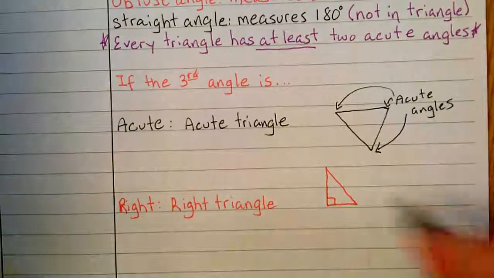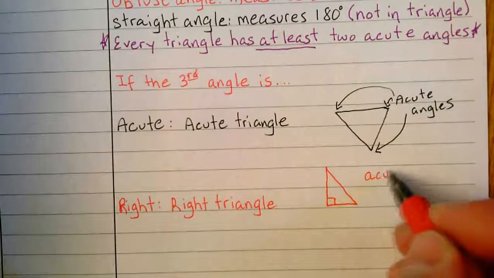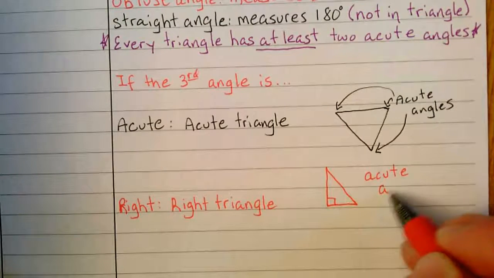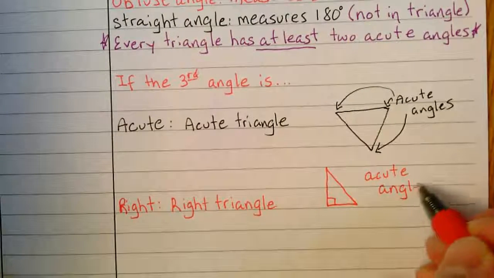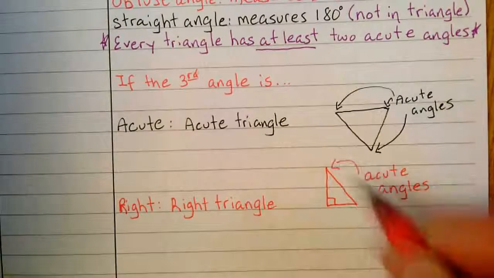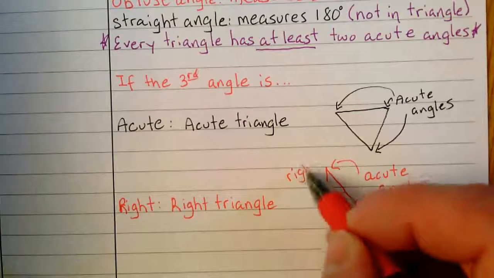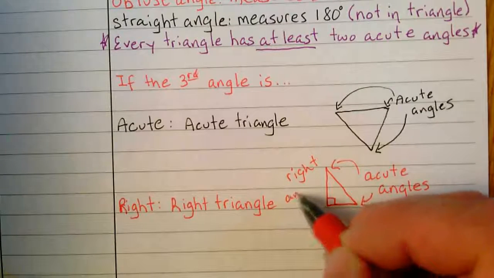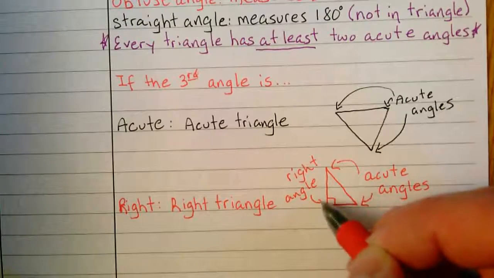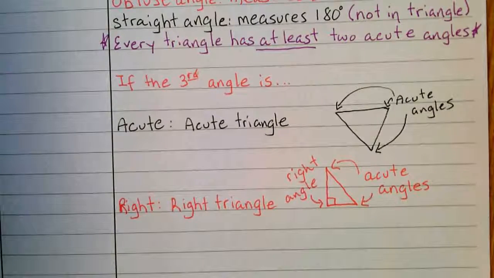And here we have acute angles here and here, and this is a right angle. So two acute angles and a right angle.